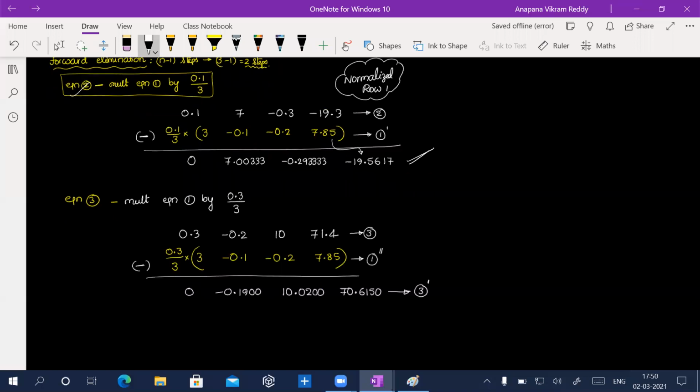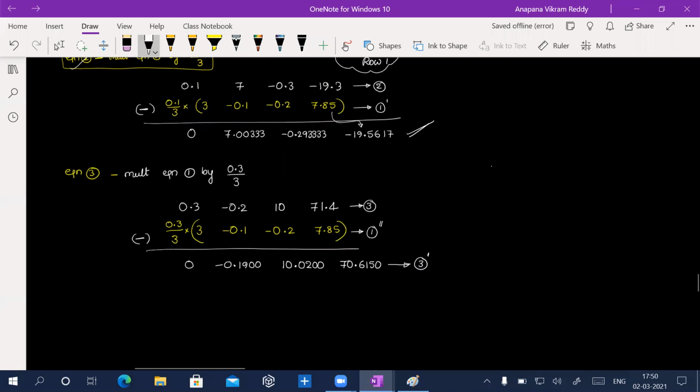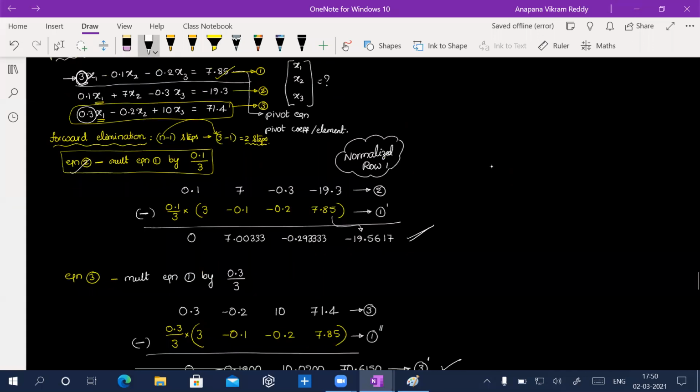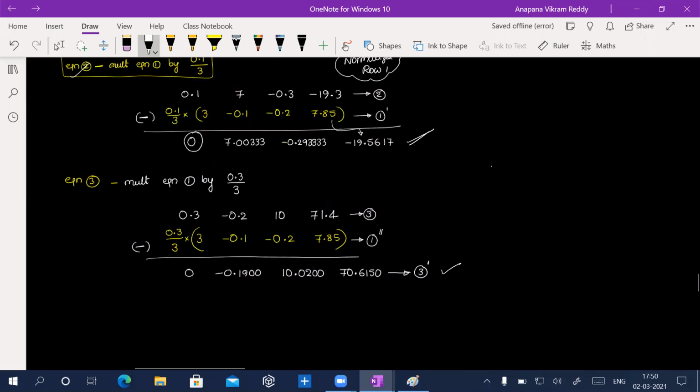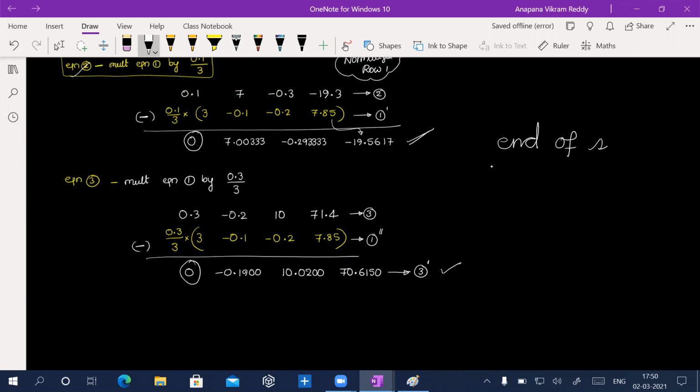You put one down the other, and you would see below this pivot element 3, this 0 and again 0. Agree? This is the end of step 1.